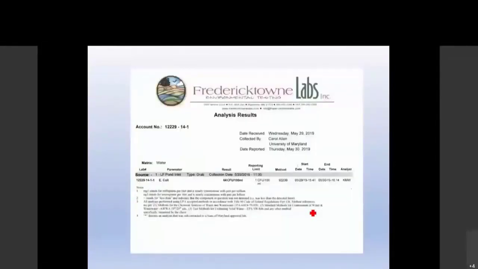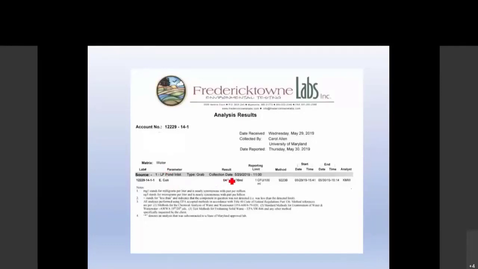So this is just a sample result. Most of the labs that I use, I get my analysis results back in about 24 to 36 hours via email. So this is pretty typical. You can see that this is Fredericktown Labs, up near Frederick. And you can see that I've identified this as a pond inlet, and I blocked out the account so you don't know whose it is.